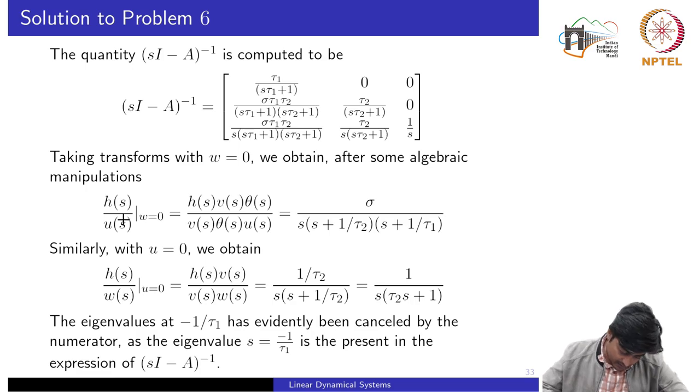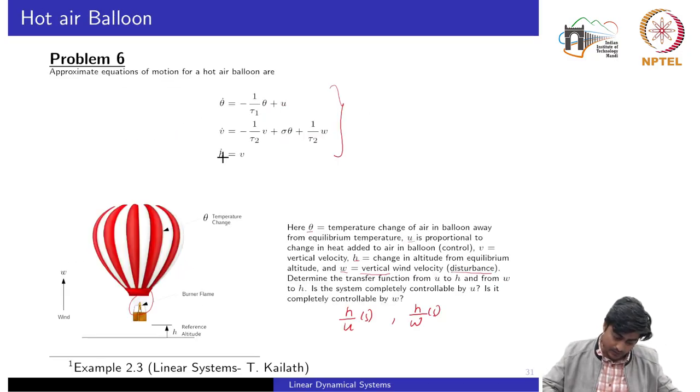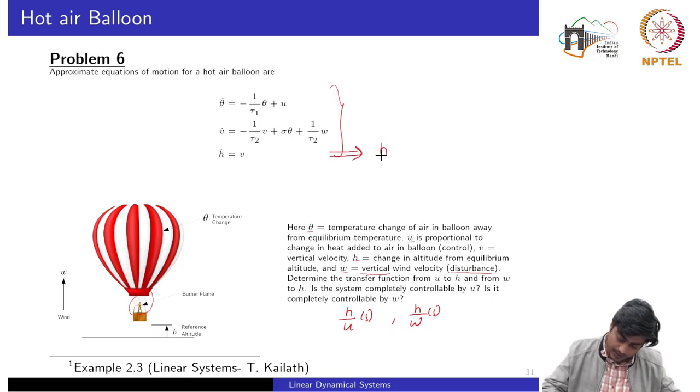Okay, in a similar way, we have computed H by U by putting W equal to 0. Since three equations were involved, we compare H by V. See here. From here I can compute H by V, which would basically be an integrator. From here I can compute theta by U, the transfer function, again by considering the initial conditions equal to 0.